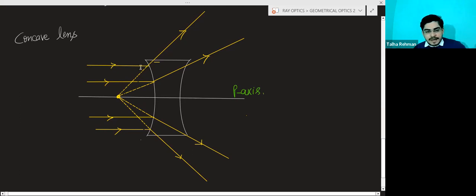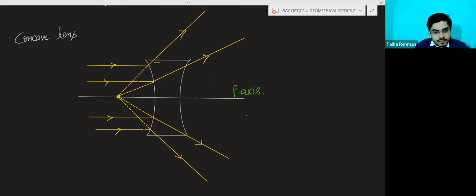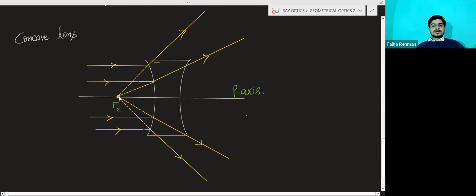If the rays of light are parallel to the principal axis, after refraction from the concave lens these rays get diverged, and when these diverged rays are produced backward, these backward produced rays meet at a common point known as the principal focus. Or you can say these diverging rays just appear to come from this point. This is known as the principal focus.